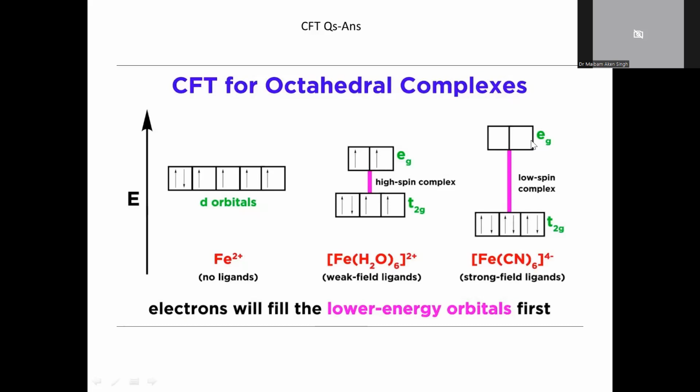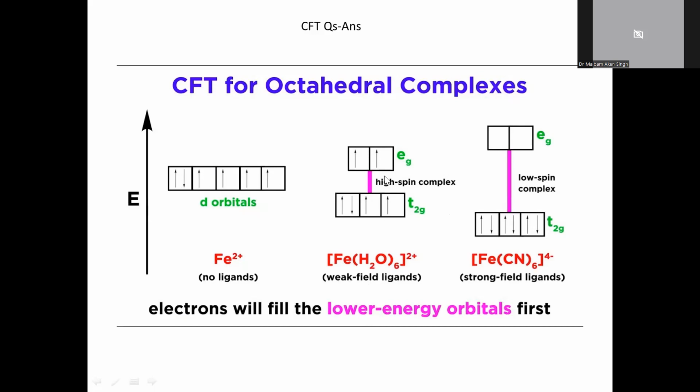This energy is denoted by Eg and this is denoted by T2g. G means gerade, meaning center of symmetry is possessed in the octahedral, but in the tetrahedral there is no center of symmetry. That is why the electronic configuration is different.